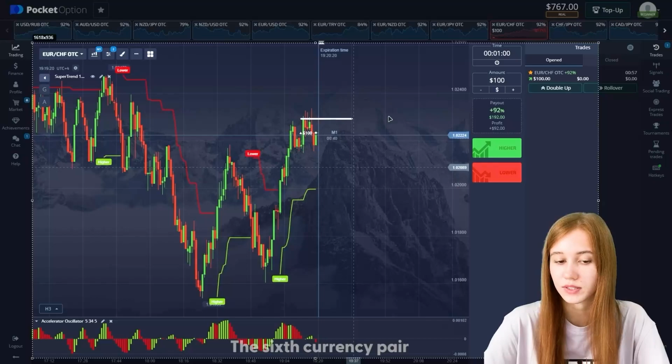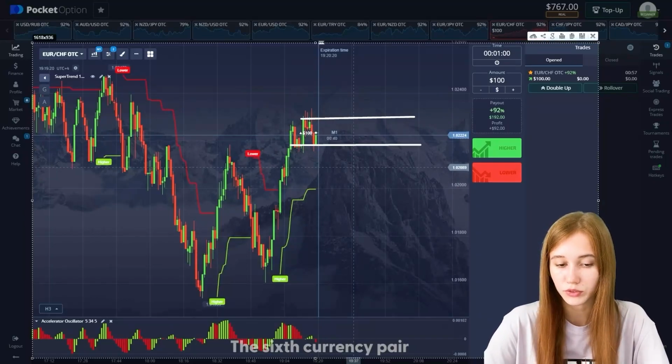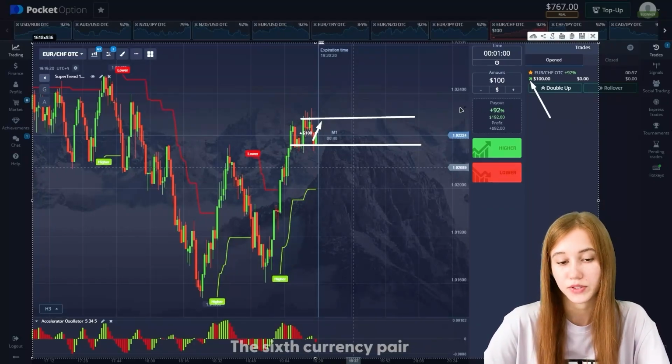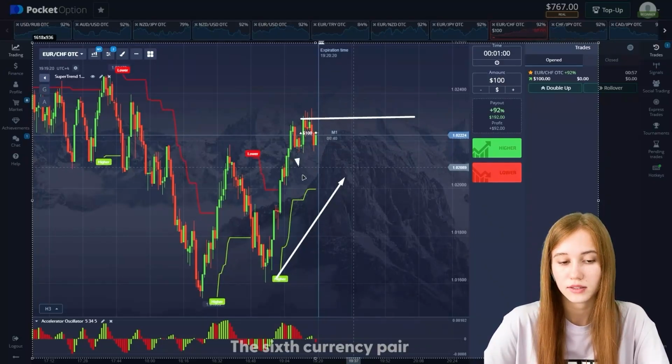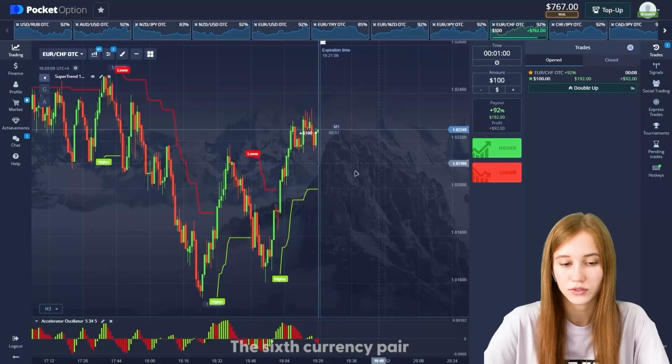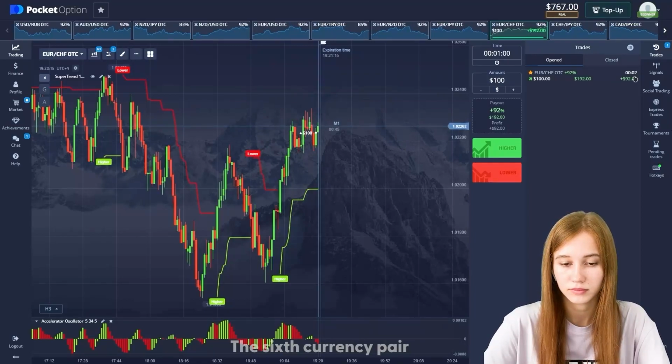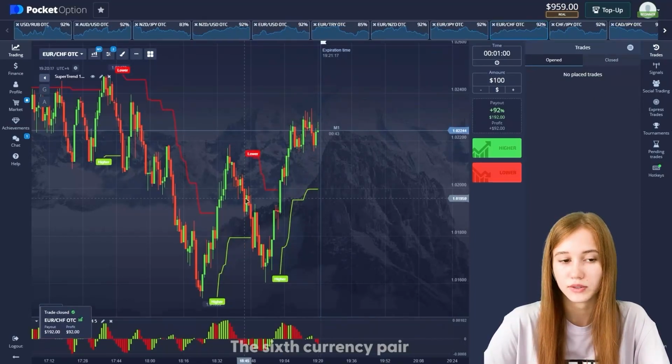Also, if we see a resistance level and the support area, we will move towards this resistance area during the consolidation period. So we opened up, and the super trend also shows an increase corrections. Let's see. 5 seconds left, and yeah, profit is $92. Good.